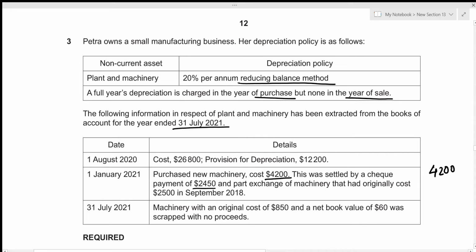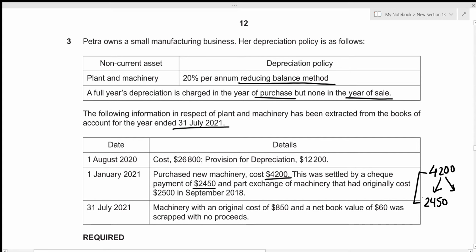Okay, let's have a look at this one. So the cost of the new machinery was 4,200, right? And 2,450 of this cost was financed by a cheque payment. And then the remaining cost was settled by the part exchange of machinery that had originally cost 2,500. So this means that the part exchange of the machinery was valued at just the difference between these two amounts, right?